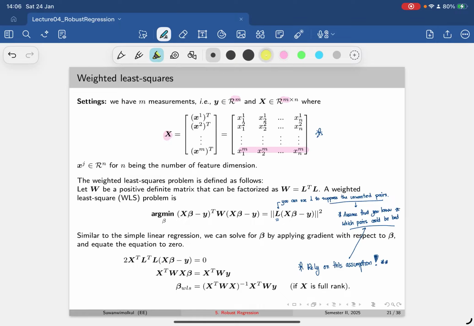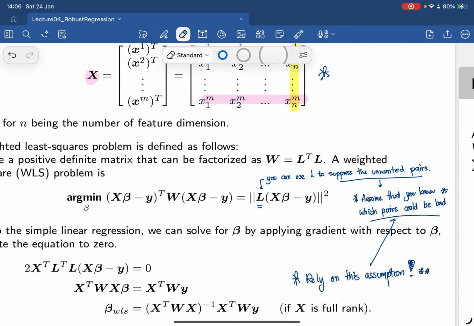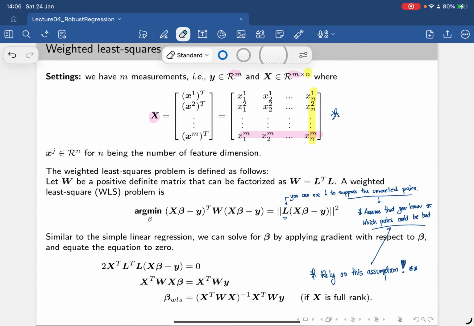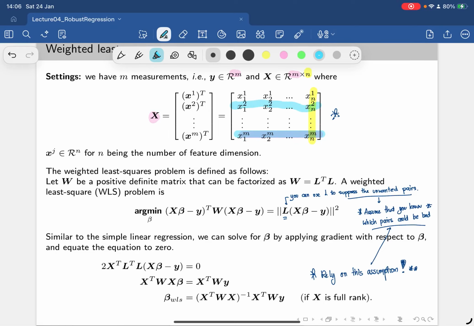And N here is the dimension of your input features. In this case, we will suppress each input training data that's aligned in the row by using this L matrix.